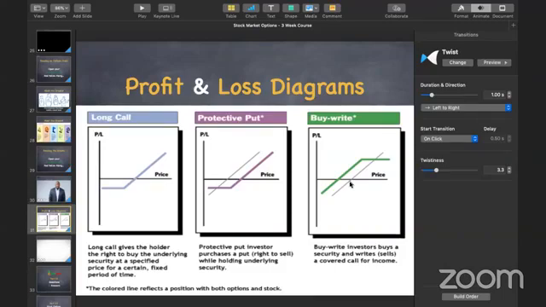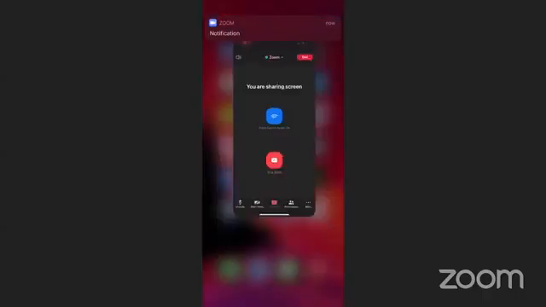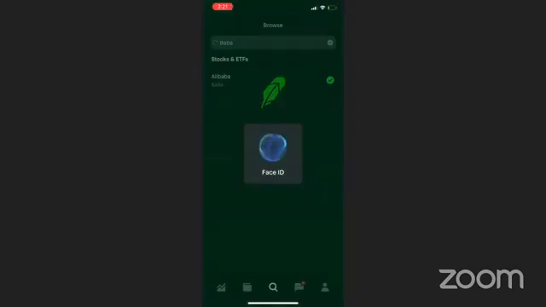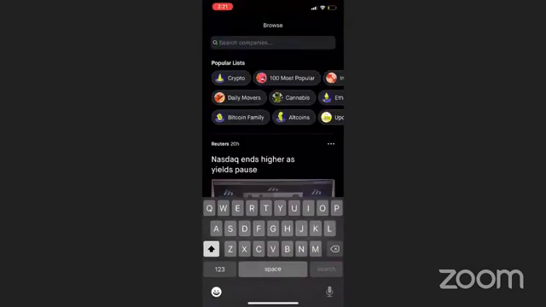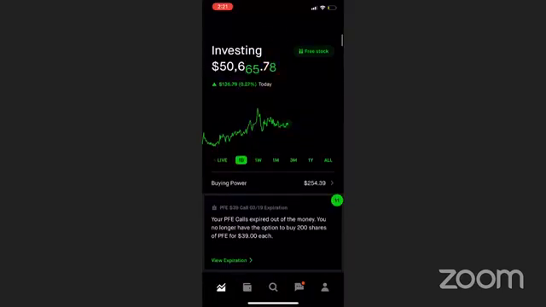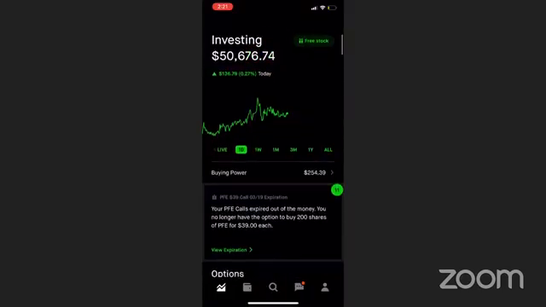So let's look at the last two things in here. So it's a protective put and it's the buy right. So we go into here. I'm going to look and see. Let me find us a company that I have 100 shares of.